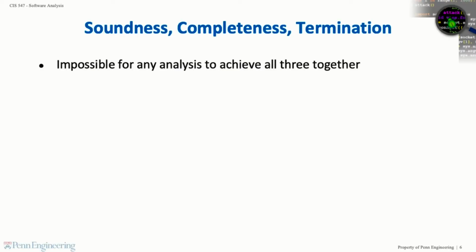Recall that it is impossible to design a software analysis that is sound, complete, and guaranteed to terminate. This impossibility holds for data flow analyses, as they are a kind of software analysis. Data flow analyses choose to sacrifice completeness in order to guarantee termination and soundness.